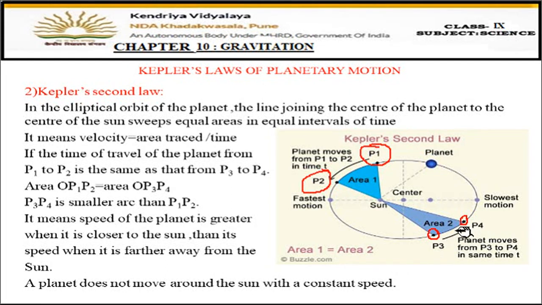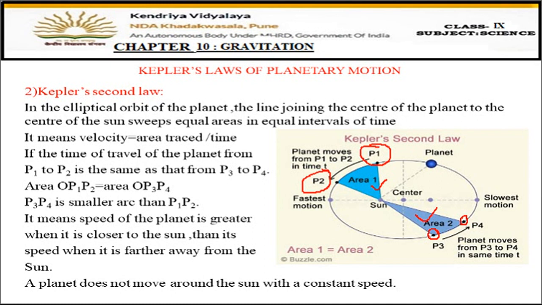If the time taken is the same, it clearly shows that the area O, P1 and P2, where O is the central position, and the area O, P3 and P4, meaning area number 1 and area number 2, are equal.